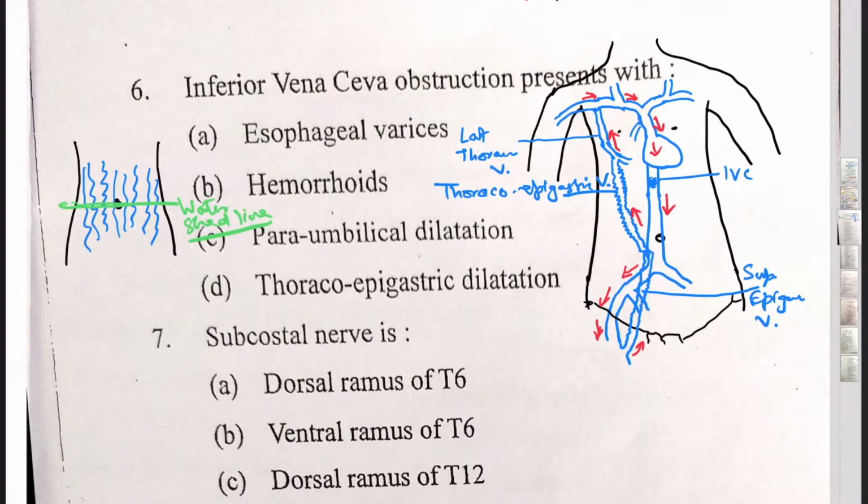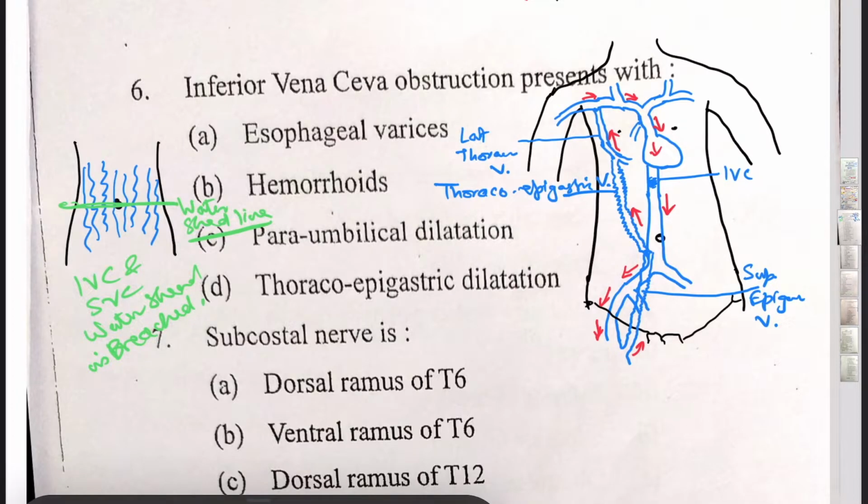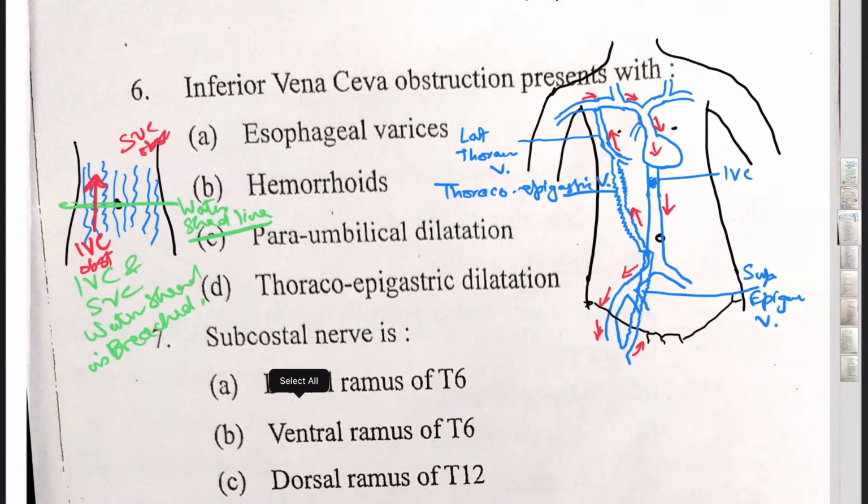But in IVC and SVC obstruction, the watershed line is breached. So this is not followed. In case of IVC obstruction, the circulation will be like this. In case of SVC obstruction, the circulation will be from above downwards like this.